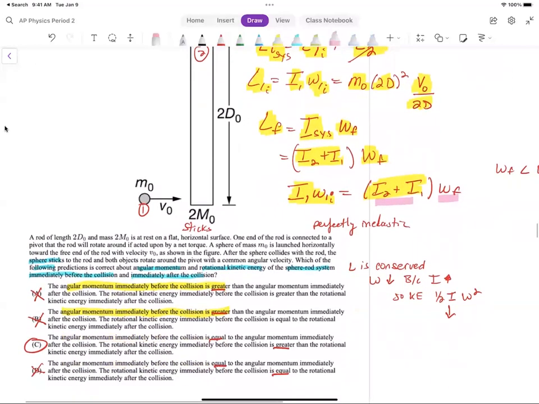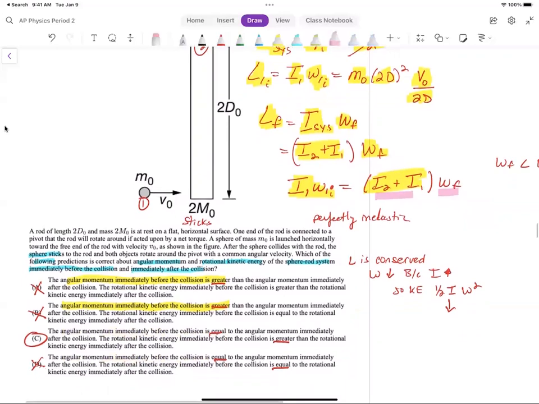Okay, angular momentum in C and D, they tell me that angular momentum is equal. Great. I now have to determine which one's correct, C or D. Now they talk about kinetic energy immediately after. C is the kinetic energy before the collision is greater than after, or D, the kinetic energy before the collision is equal to.